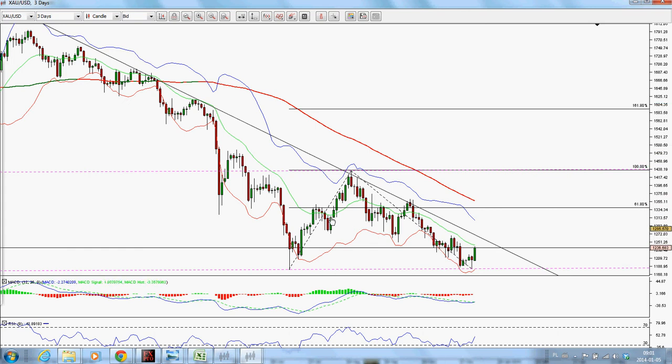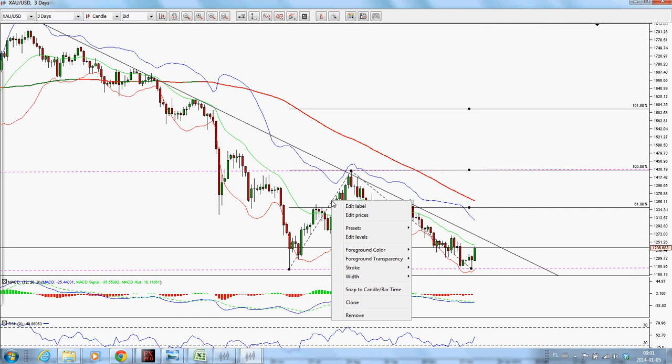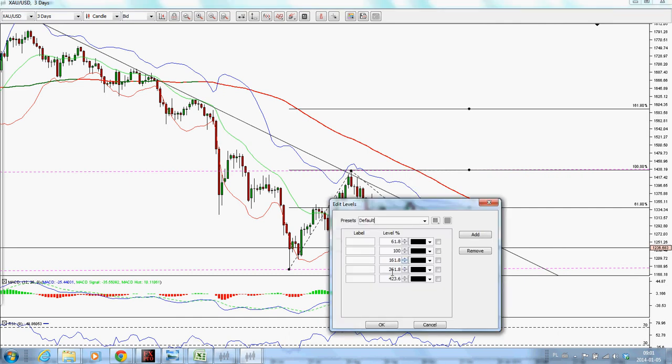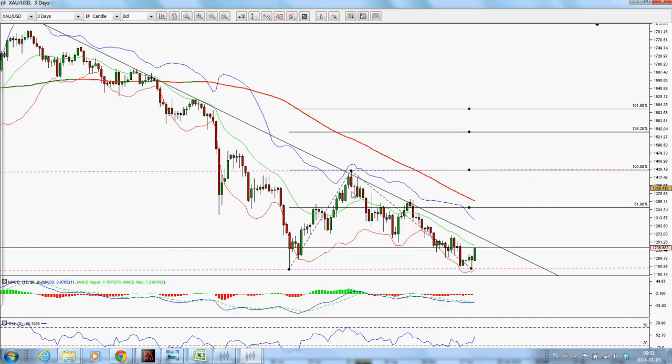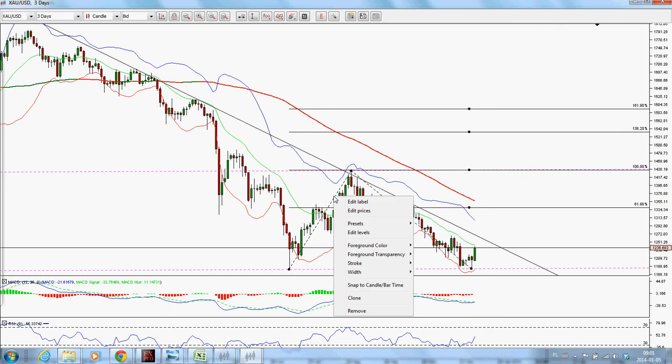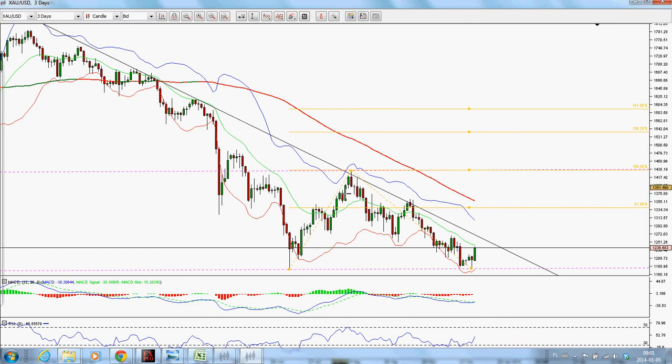What happens quite often, a C could be 138.2 of A. I don't need this one, so I can remove that one. Okay, so this is what we could expect on this chart.